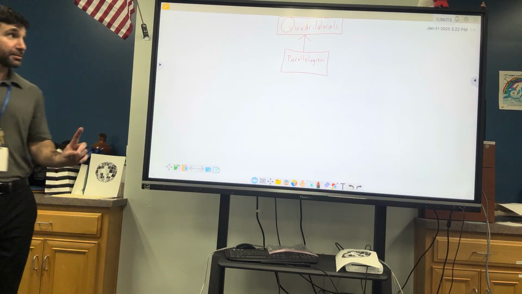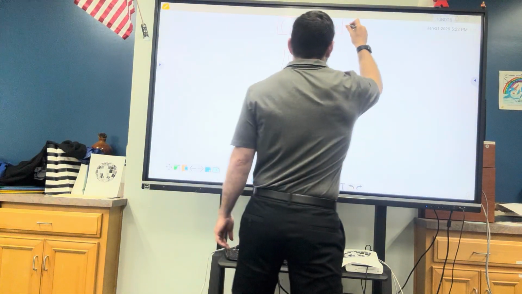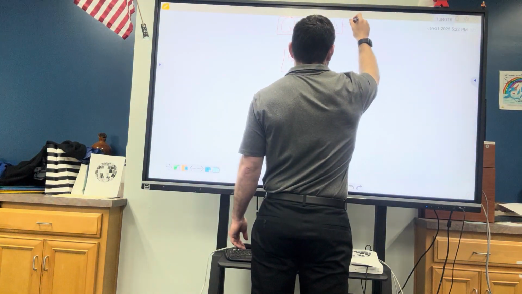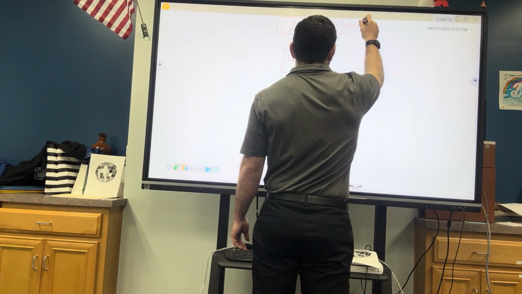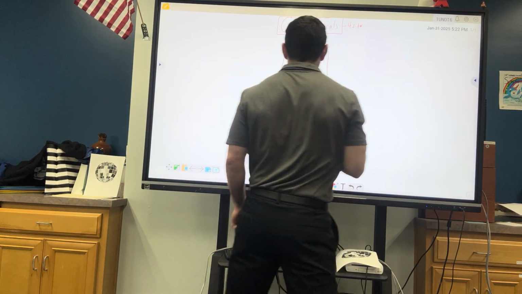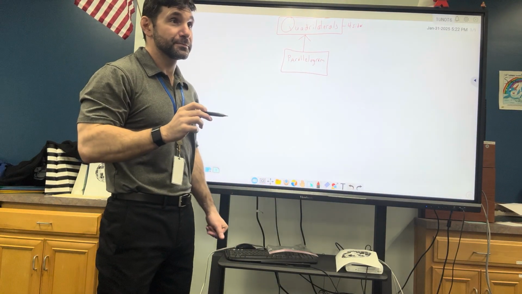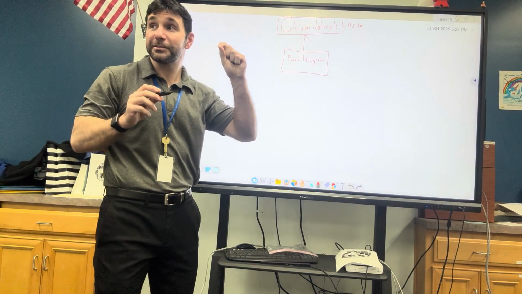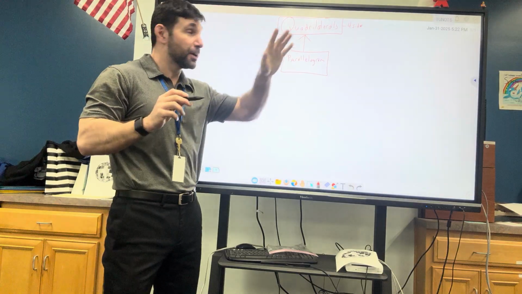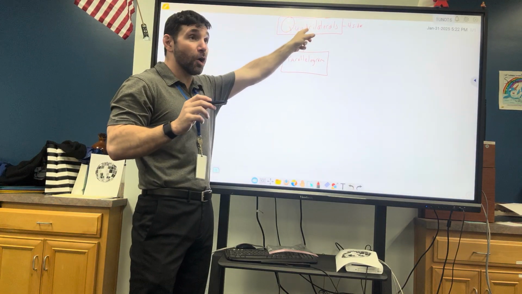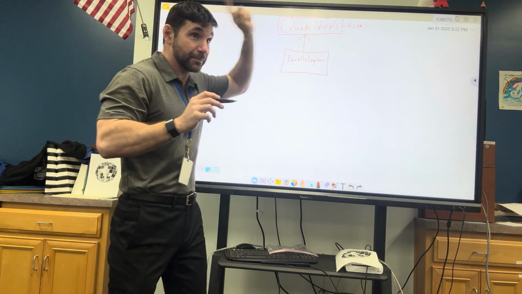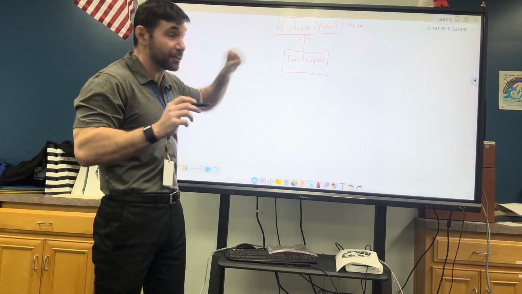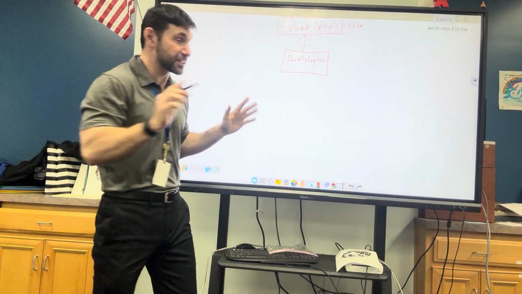That means, first off, what do we know about a quadrilateral? If it's always a quadrilateral, what does a parallelogram have to have? Four sides. So what does a parallelogram have to have? 4 sides.